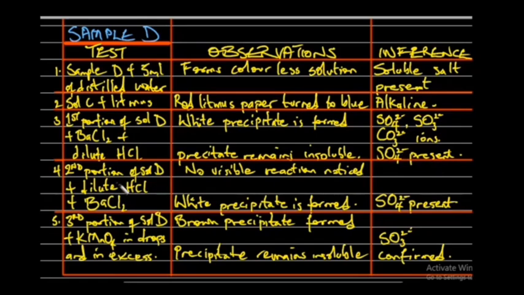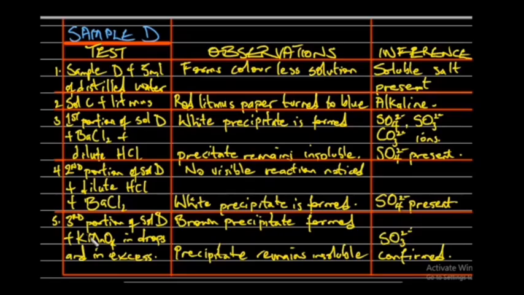So we checked again to ascertain what we have there. We reversed this thought process: instead of bringing barium chloride first, we brought dilute HCl first. There was no visible reaction. When we added barium chloride to it, there was a formation of white precipitate, which also told us there was presence of SO4 2-.